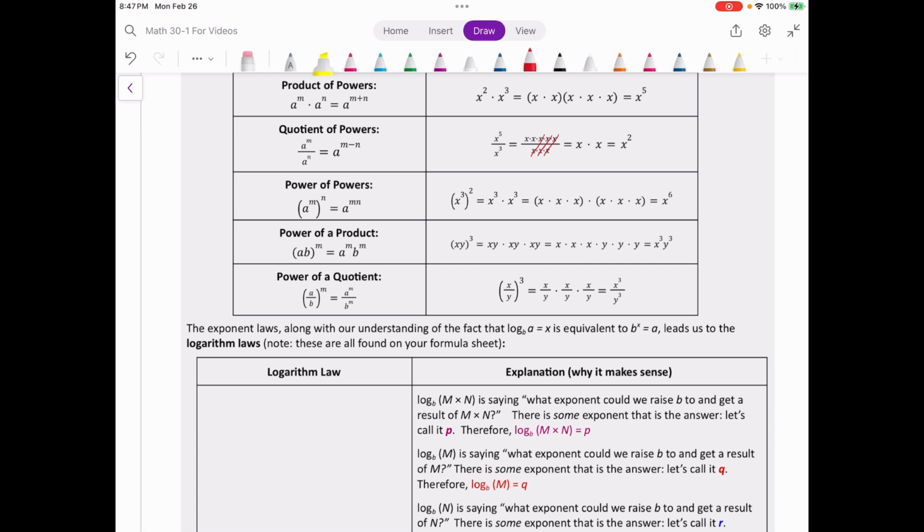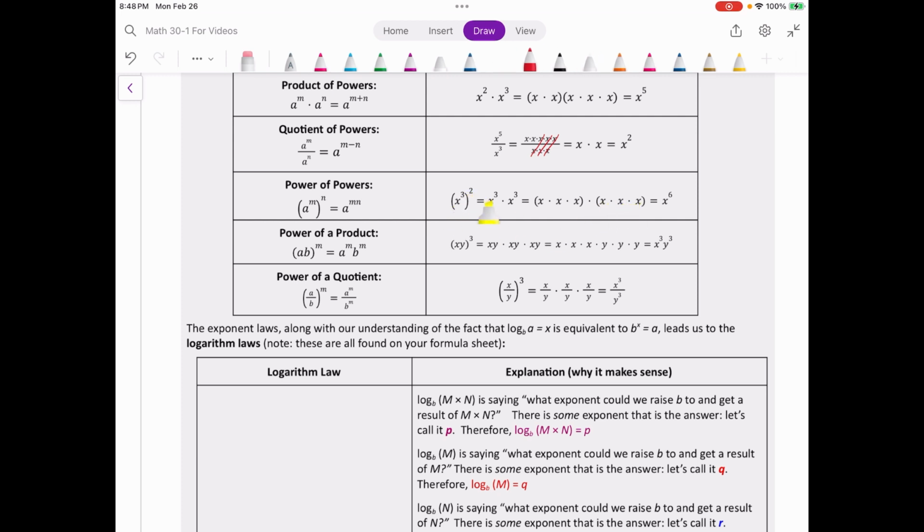Power of powers, that's what we get when we have a power being raised to some exponent. So a to the m, but then a to the m is all being raised to the power of n. That gives us a to the m times n. Again, makes sense. For example, x cubed squared, that's taking an x cubed, an x times x times x, and multiplying it by itself, another x times x times x.